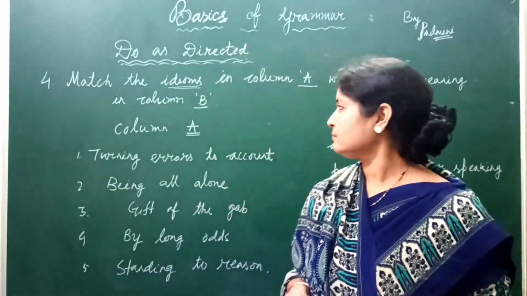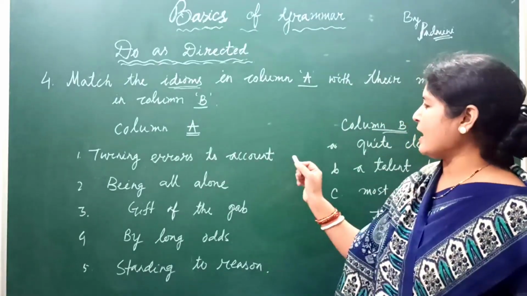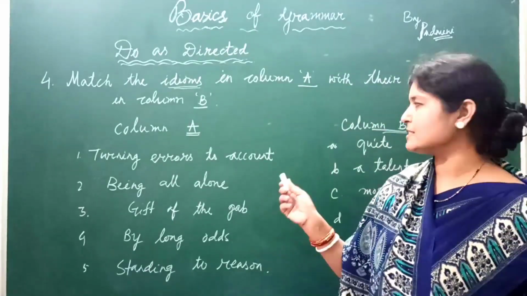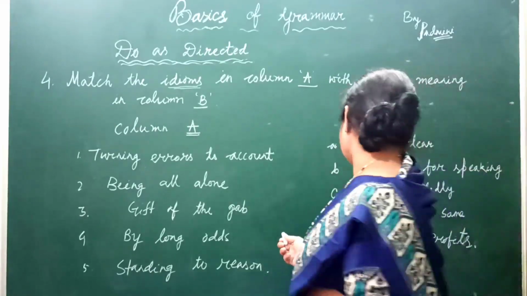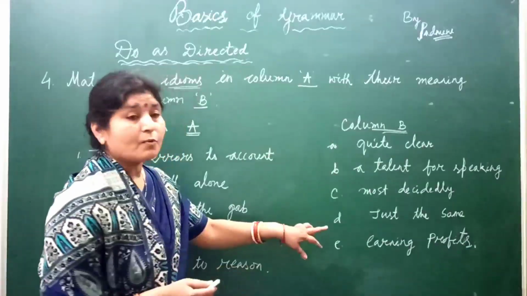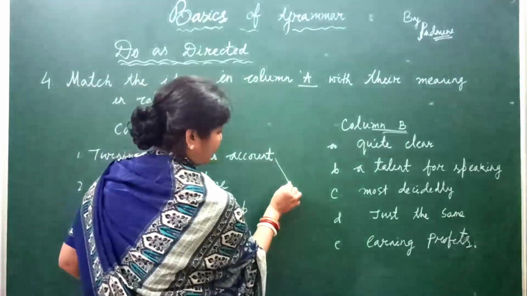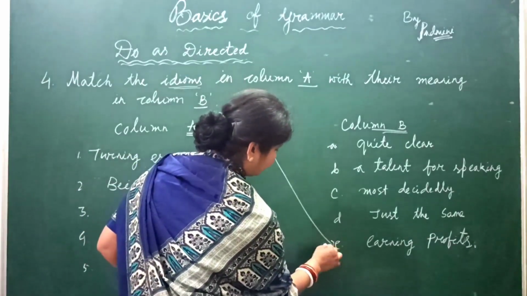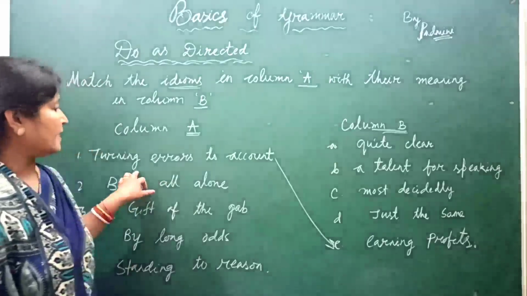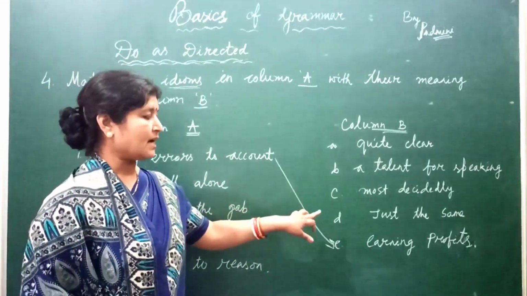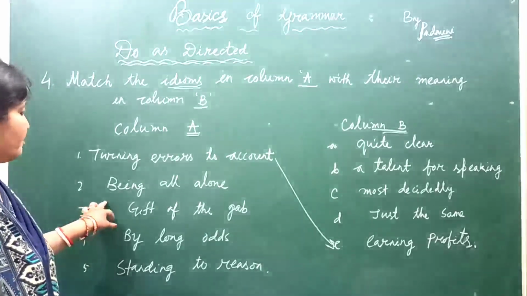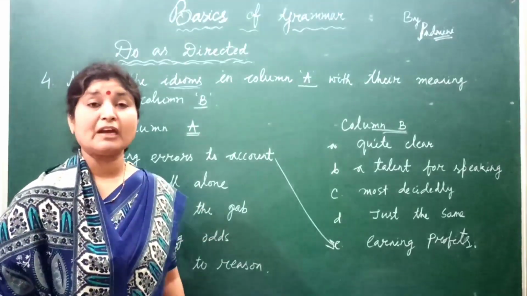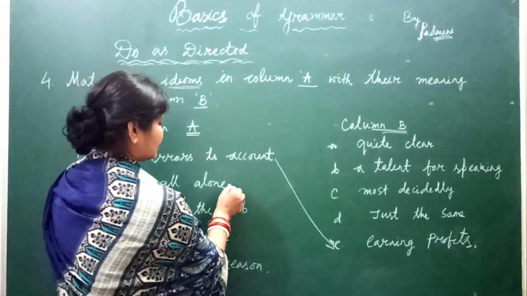Okay? So, turning errors to account. What is turning errors to account? The meaning is earning profits. Okay. The number 2 question. Being all alone means just the same.